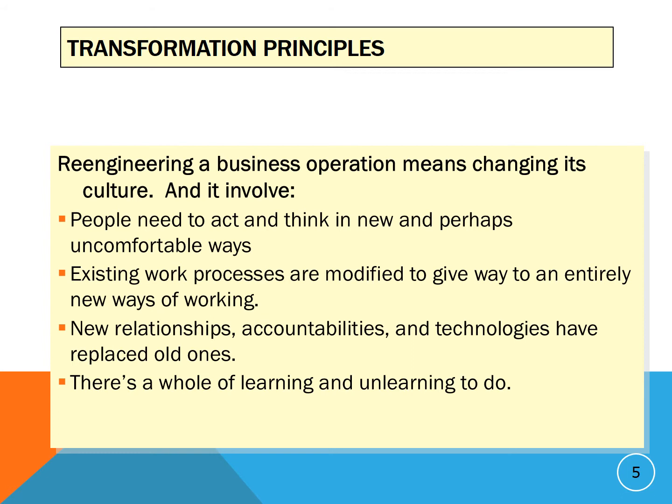So re-engineering a business operation means changing its culture. We must begin to act and think in new, perhaps uncomfortable ways. So we will change the way we do work. The existing work process that we have will be conducted in entirely new ways of working.